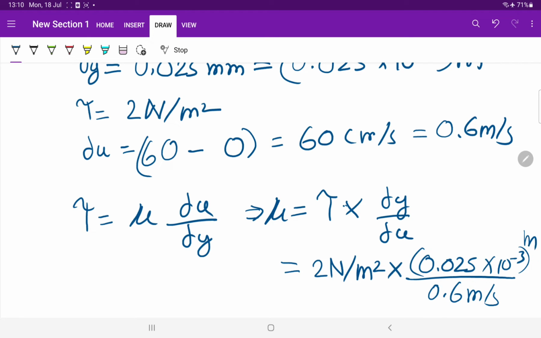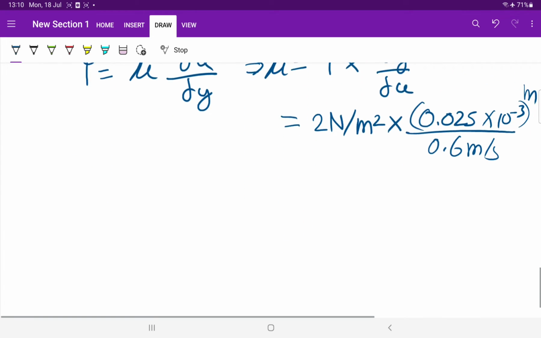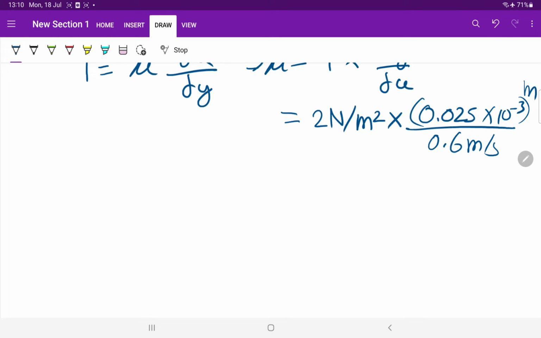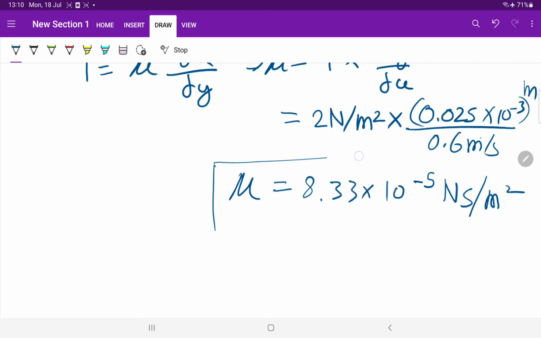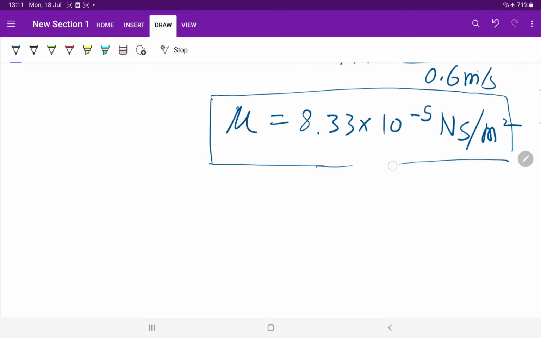Now if we evaluate this with our calculator, the answer will be 8.33 into 10 to the power minus 5. The unit will be Newton second per meter square, as the meter cancels. So this is the value of mu.